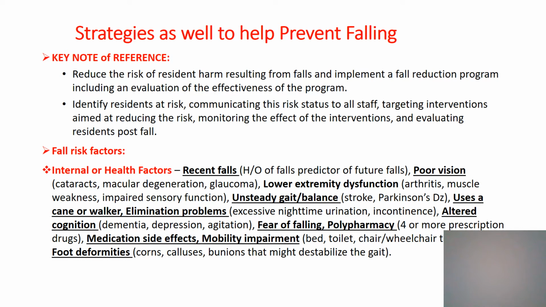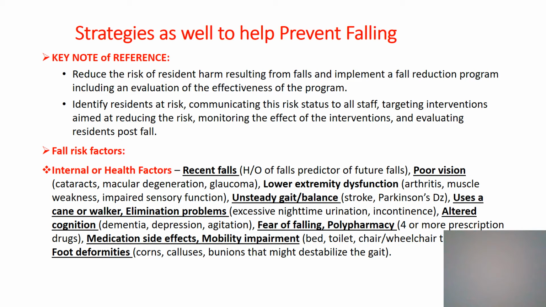So when the resident first comes in, first of all, we want to make sure that we are looking at any possible reasons for why they may fall, or if they have fallen in the past, and use what worked in the past for them, or look at strategies to change anything that will help once they're in the nursing home.